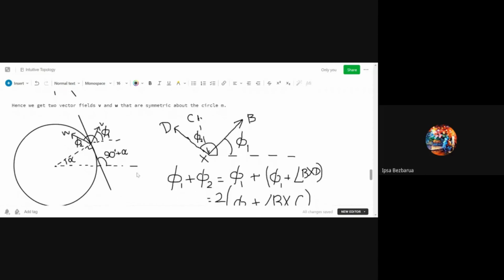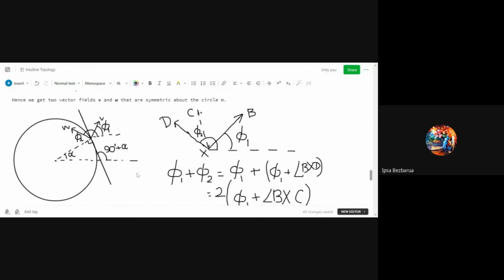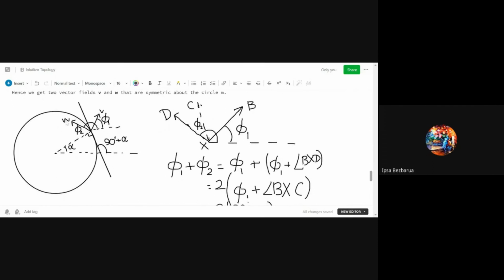Now, in the next part, I claim that if I have two vector fields symmetric about the boundary circle, the sum of their indices will be equal to 2. The way I'm doing this is I have a circle. These are some geometry arguments.